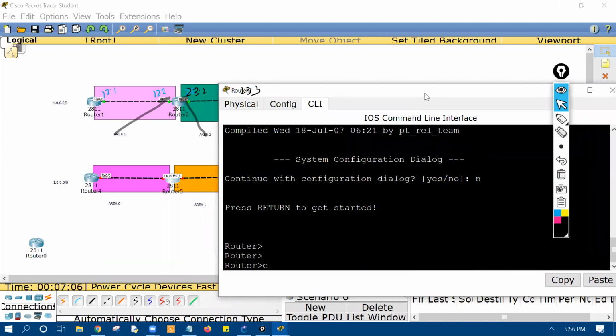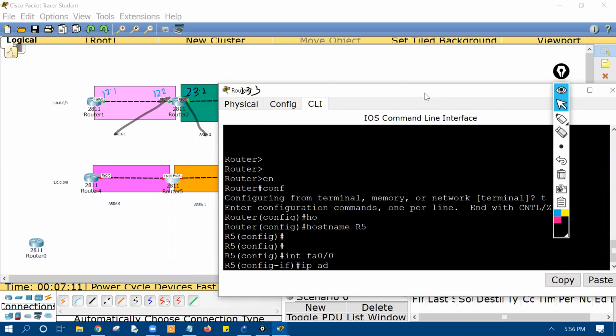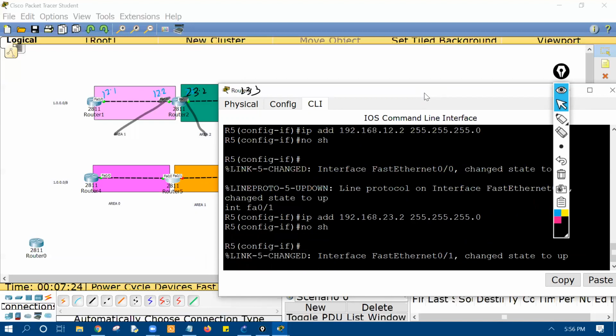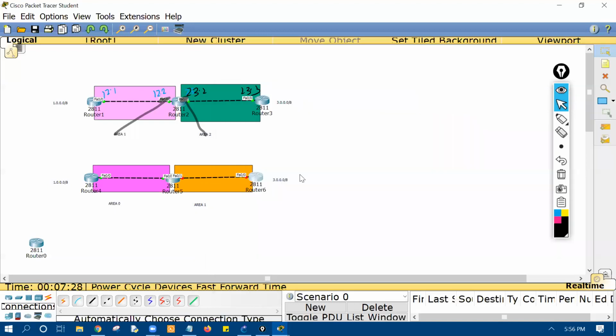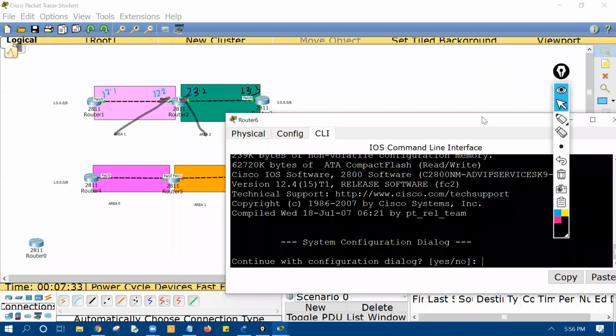Enable, hostname R5, interface 0/0, IP address will be 12.2/24, no shutdown, interface 0/1. Done. And R6. So just normal IP addressing I've configured over there.